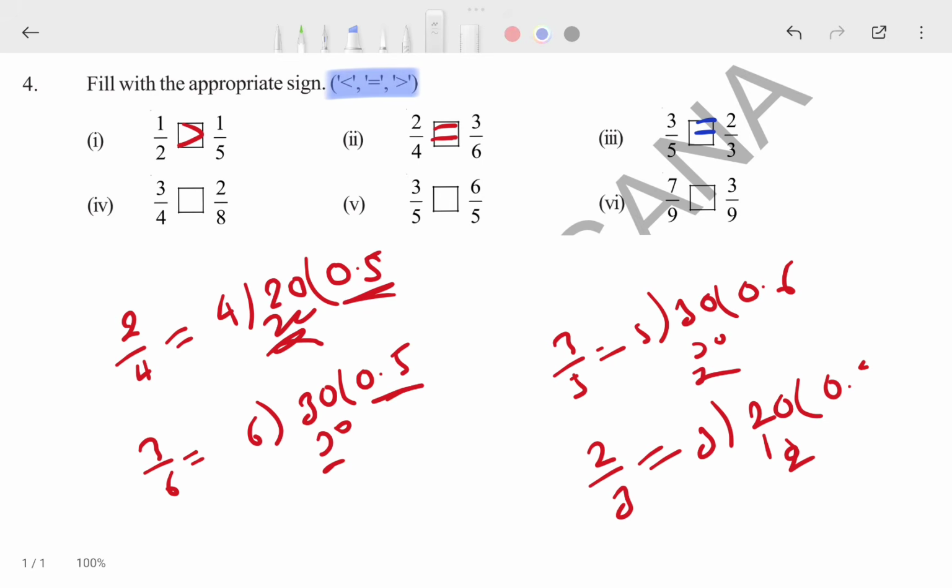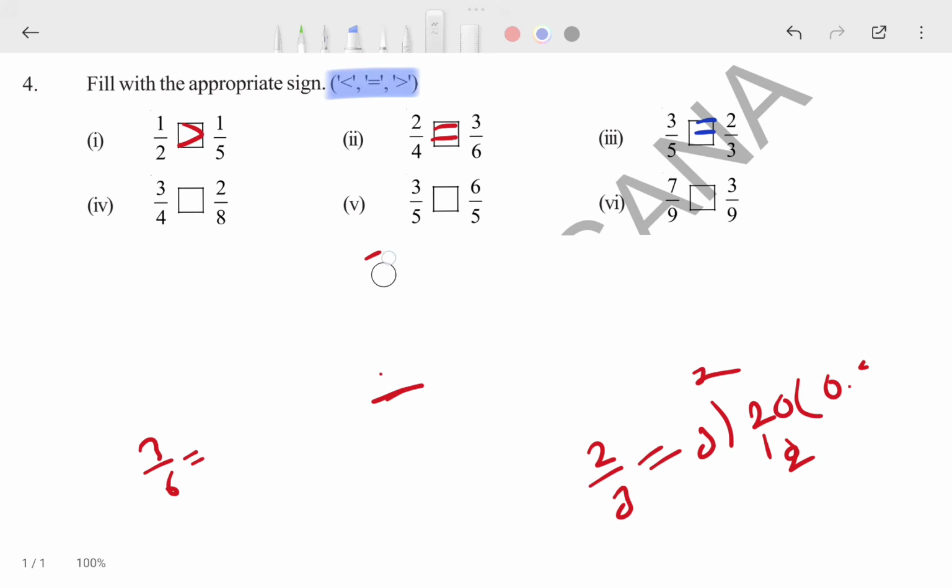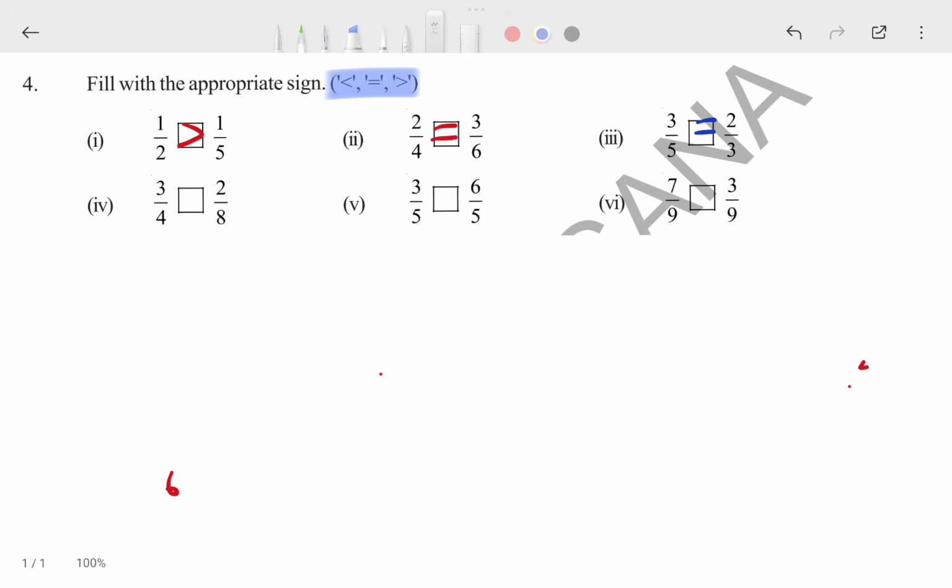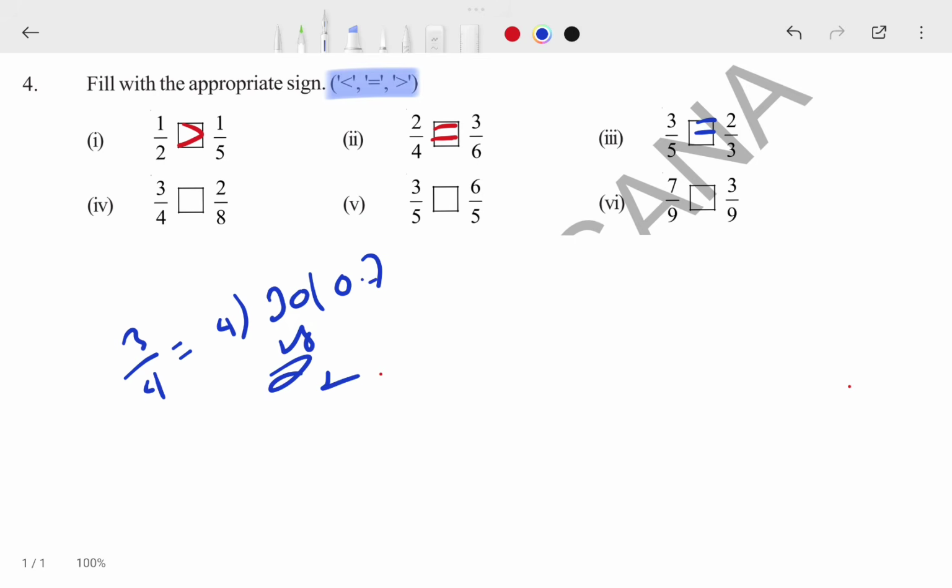So now I'm going to complete the fourth one. Okay, just wait a minute. If you see the fourth one, this is given 3 by 4. If you divide 3 by 4, 0 point something, and 8 times, 2 will be left.